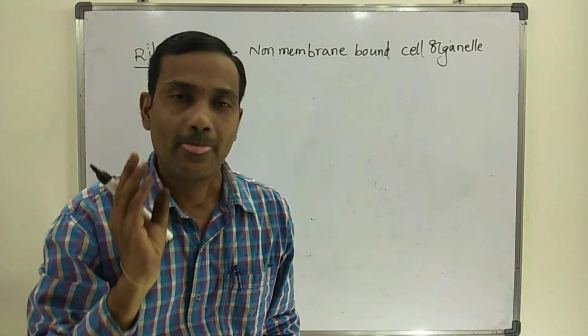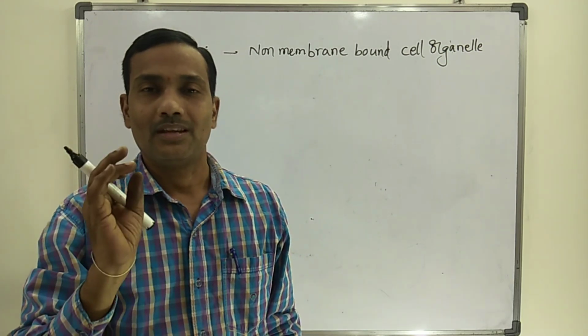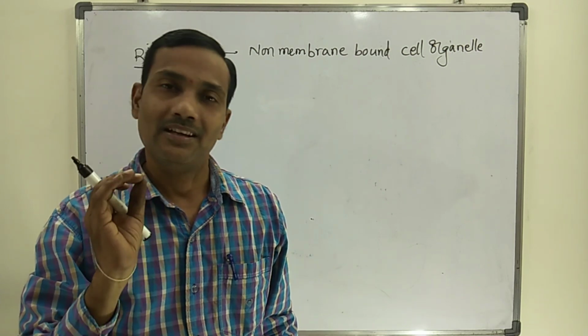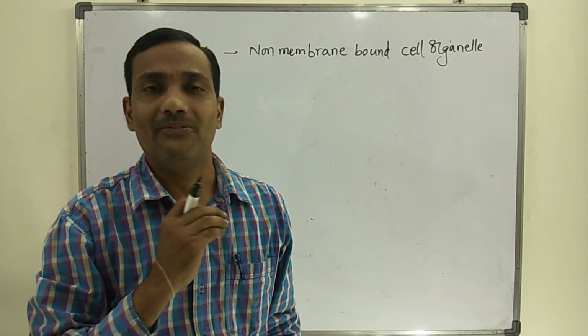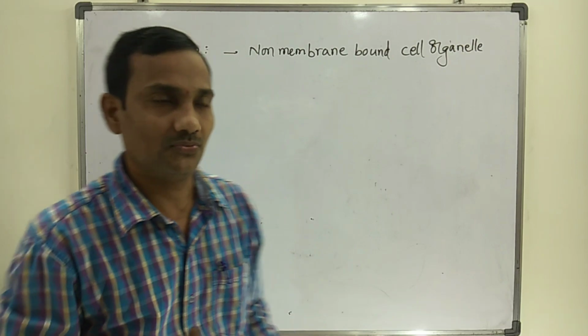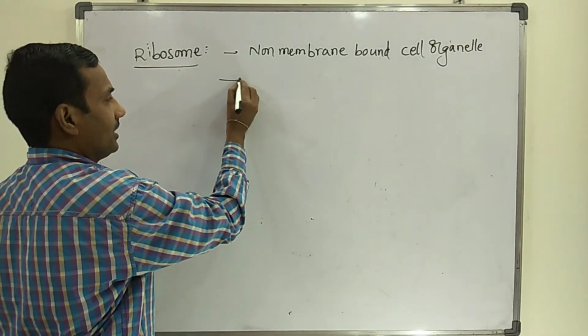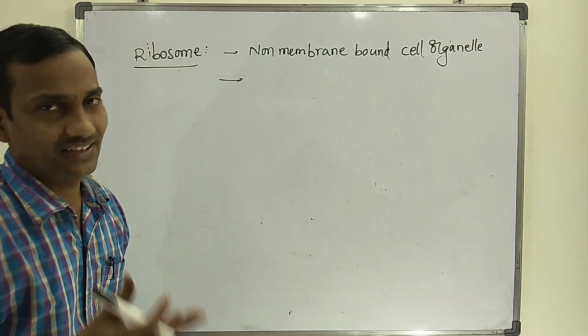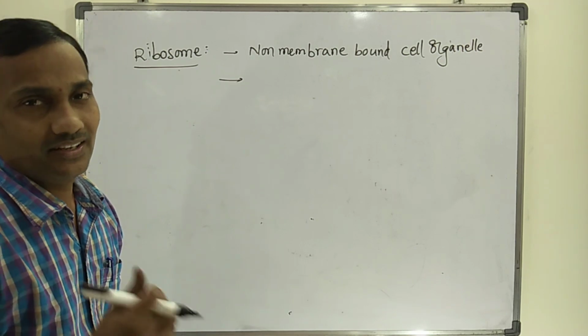Ribosomes are found in prokaryotic cells, plant cells, and animal cells. In every living cell, ribosomes are found. That's why ribosomes are also called the universal cell organelle.